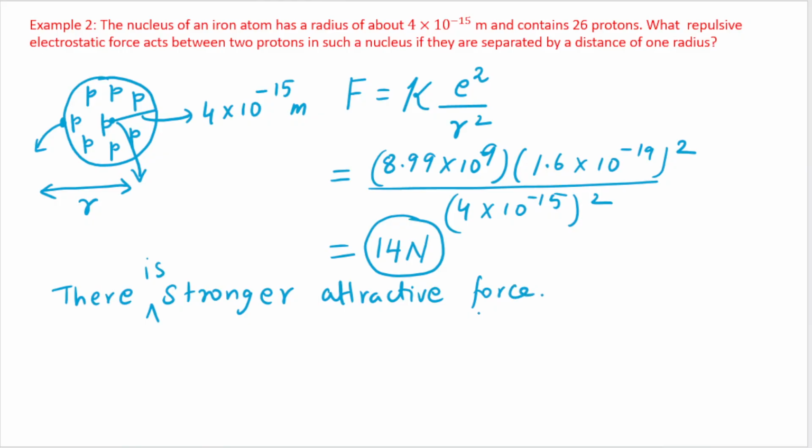And in the early 1900s, people experimentally discovered that there is indeed a very short range attractive force that exists inside the nucleus, and this strong attractive force is the reason why the nucleus is stable.